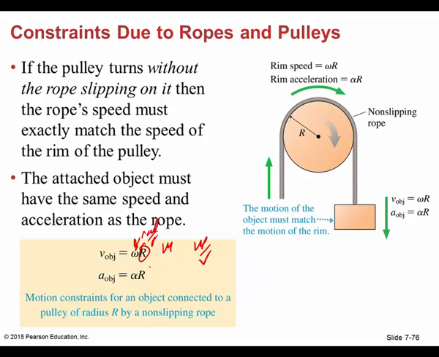Same thing here. If we want to find its acceleration in meters per second squared, that is the angular acceleration in radians per second squared times meters, and you get meters per second squared.